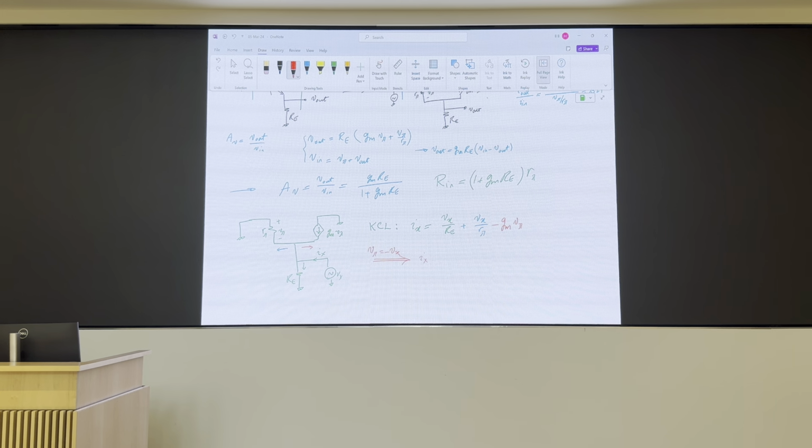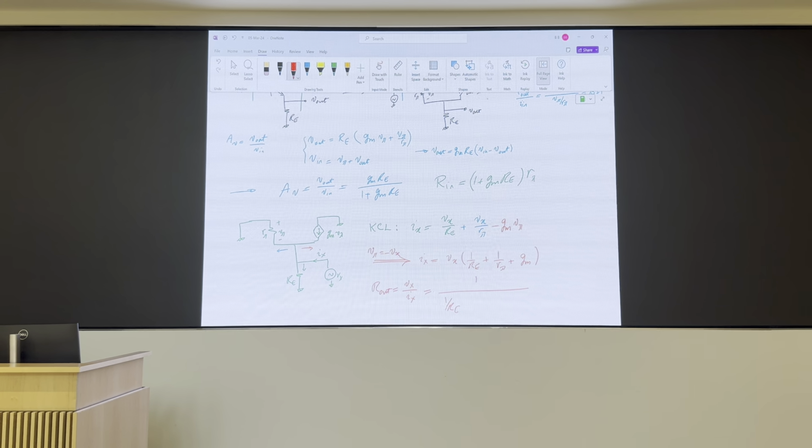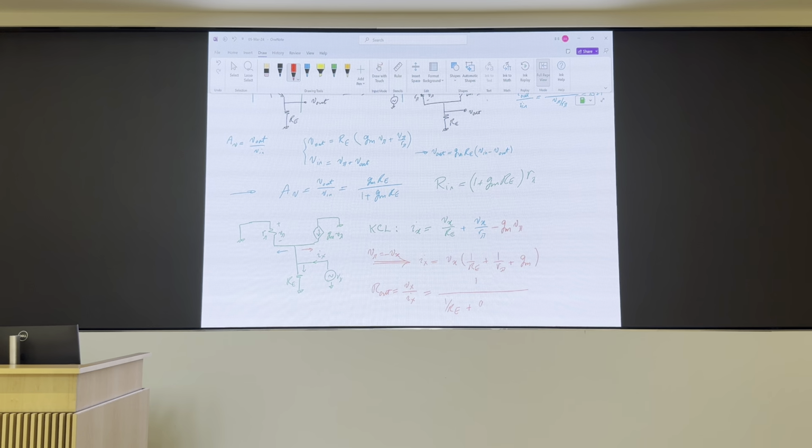And then I have a relationship between Ix and Vx. So Ix is equal to Vx times 1 over Re plus 1 over R pi plus Gm. And then Vx over Ix, your Rout, is 1 over Re plus 1 over R pi plus Gm.